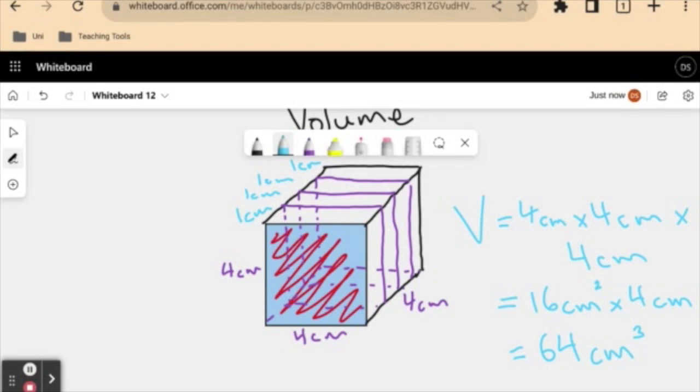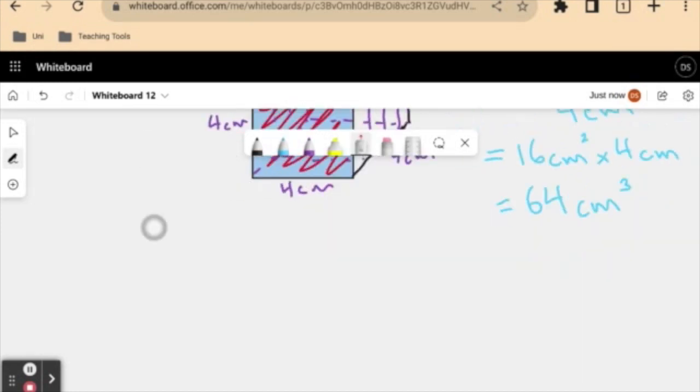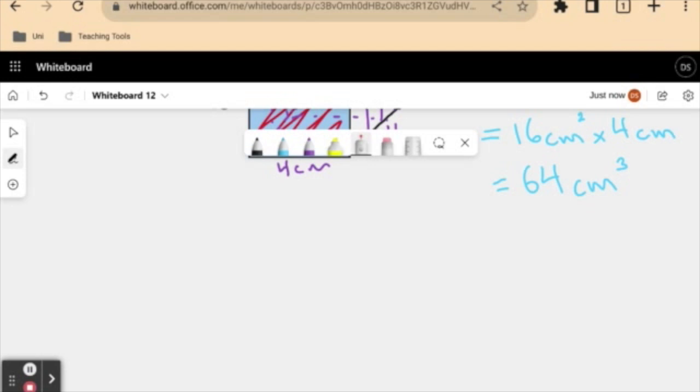And the way we work with volumes of prisms is we take whatever the area of our front face is. So say I were to draw a triangular prism. Let's do another example.